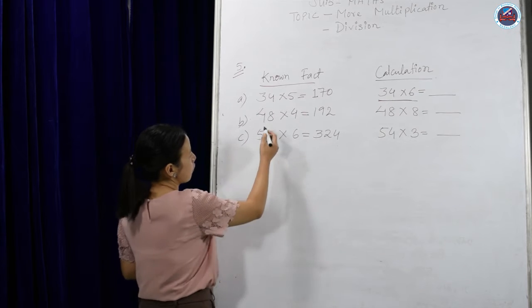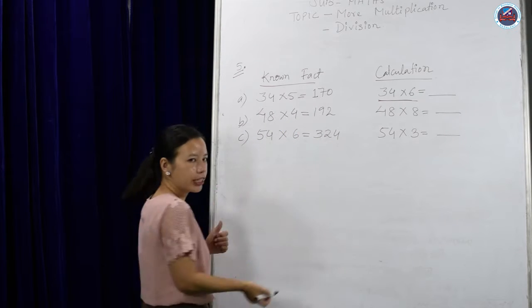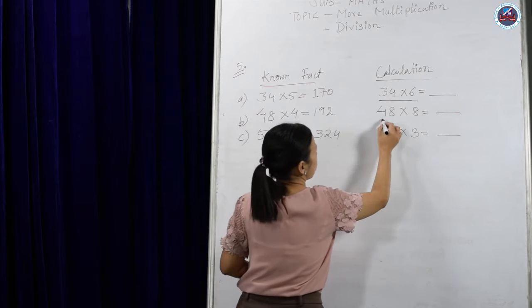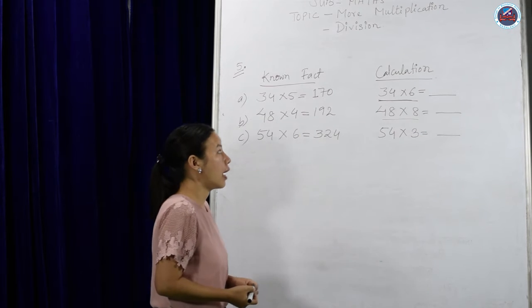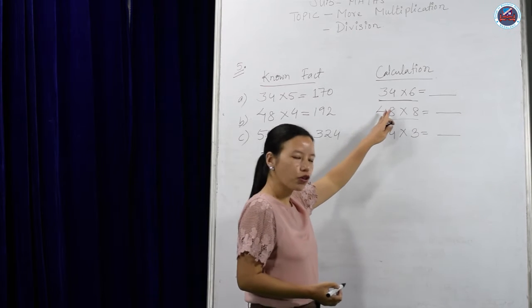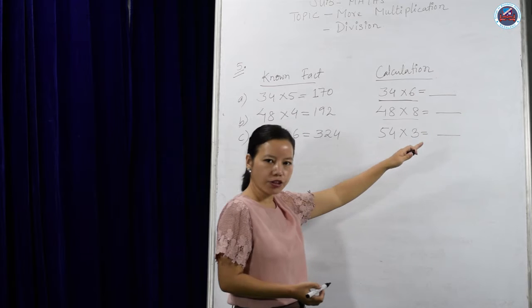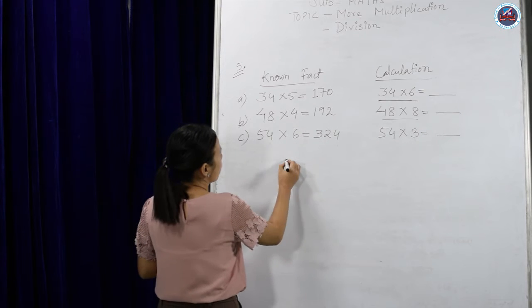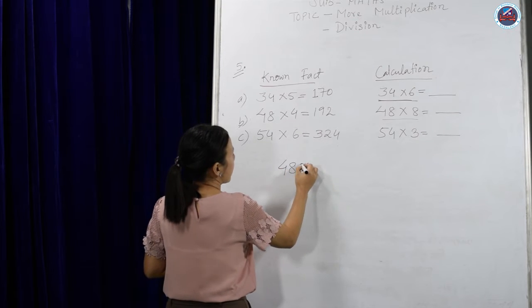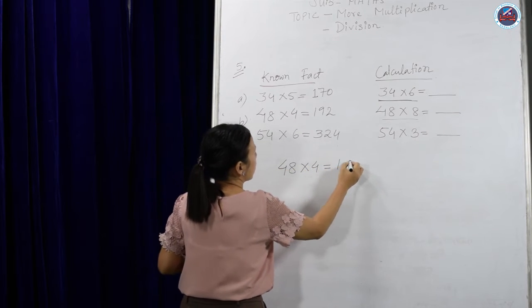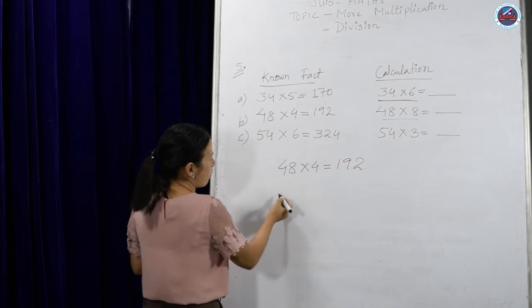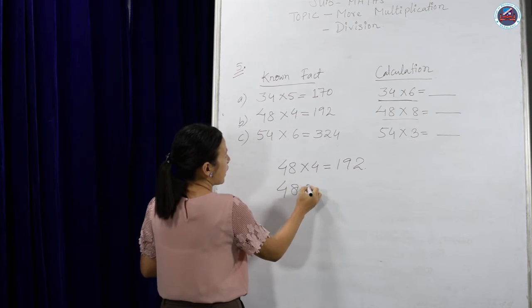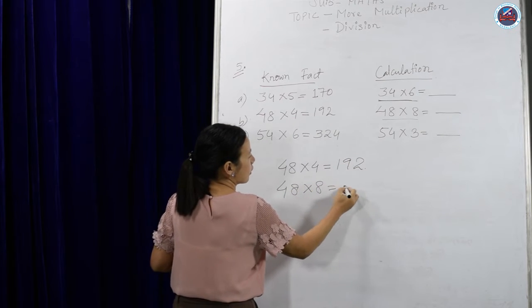It says 48 times 4 is 192, and then we're going to find the answer for this 48 times 8. How much, right? So we know that 48 times 4 is 192, and we will find 48 times 8.